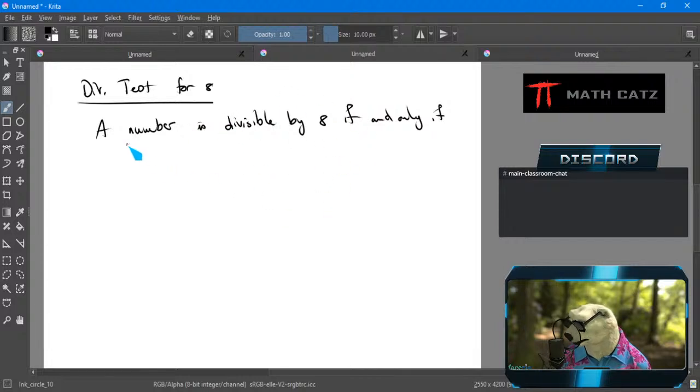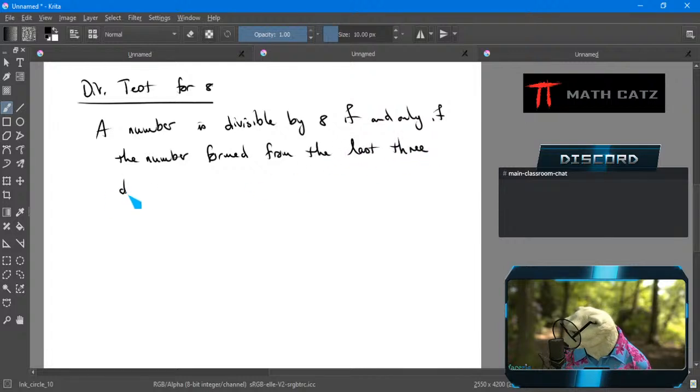It's the only condition I need. The number formed from the last three digits is divisible by 8.